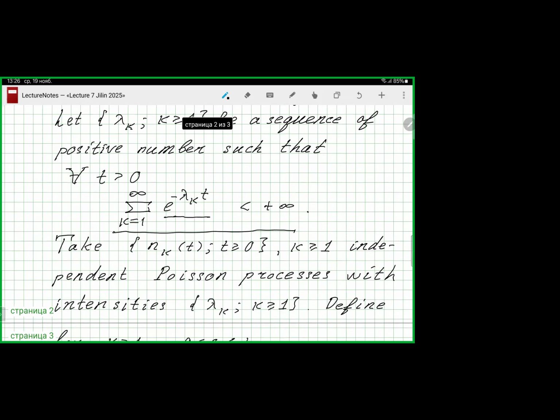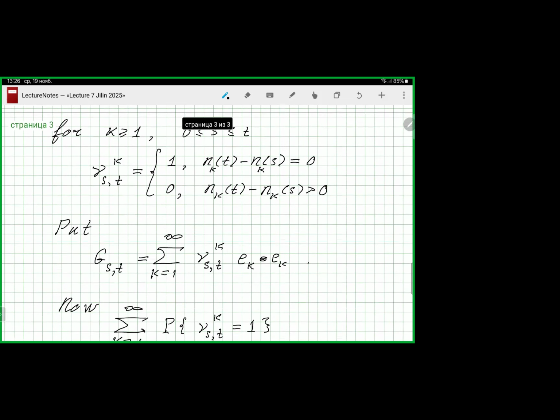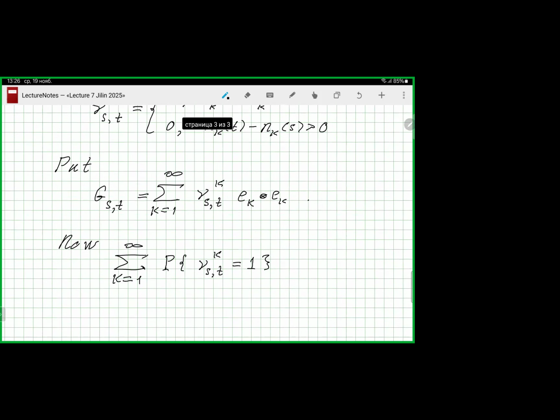So now we have this sum which is finite by the condition.